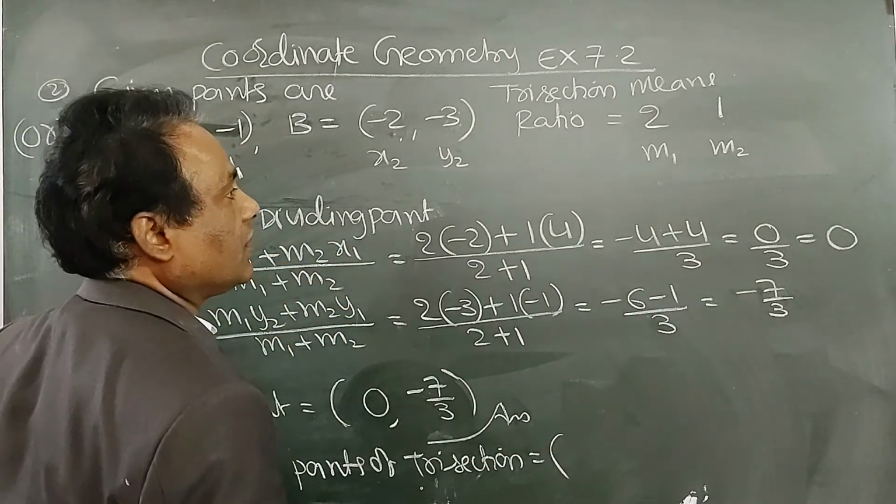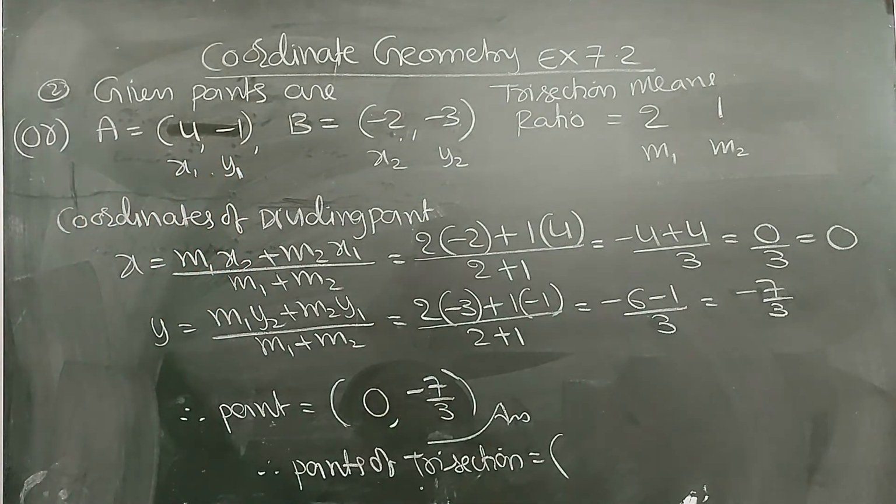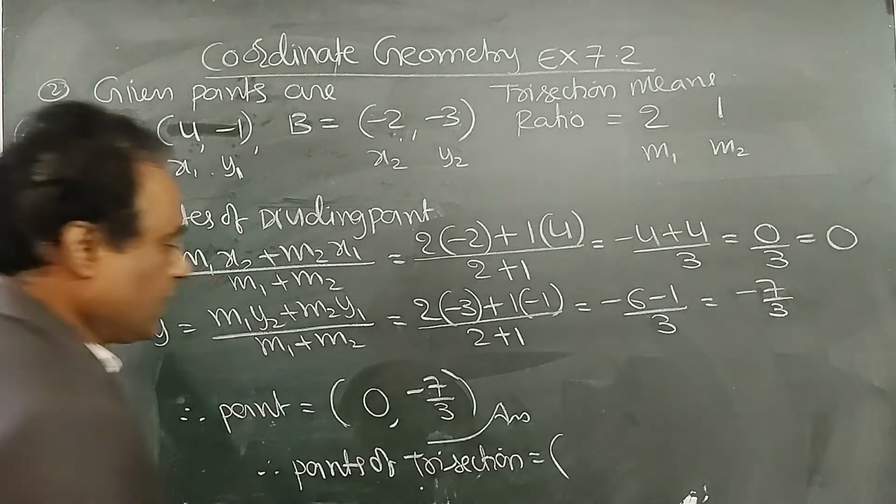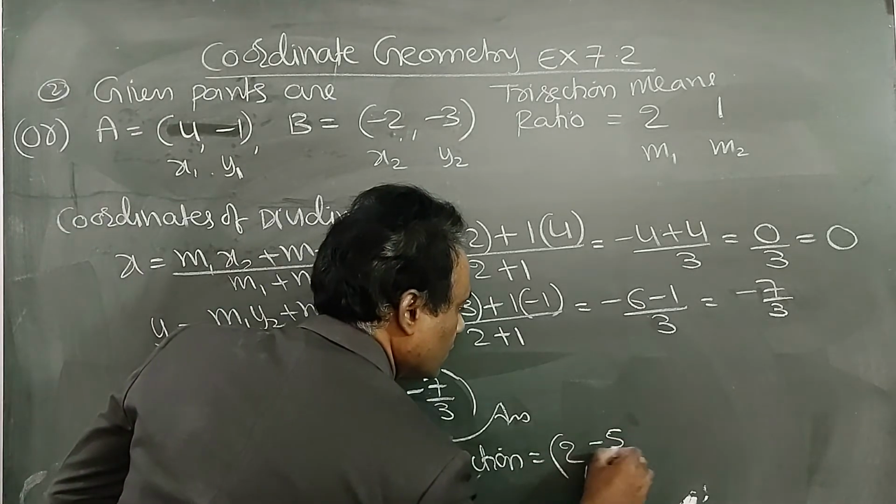One answer is, what is the previous answer? What we got? 2, minus 5/3. One answer we got.